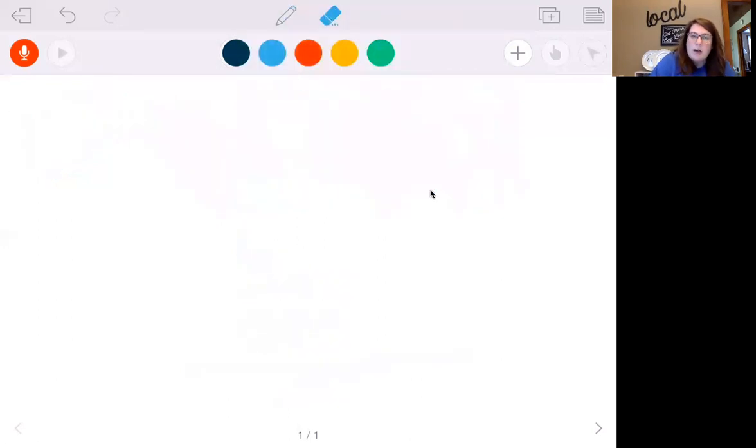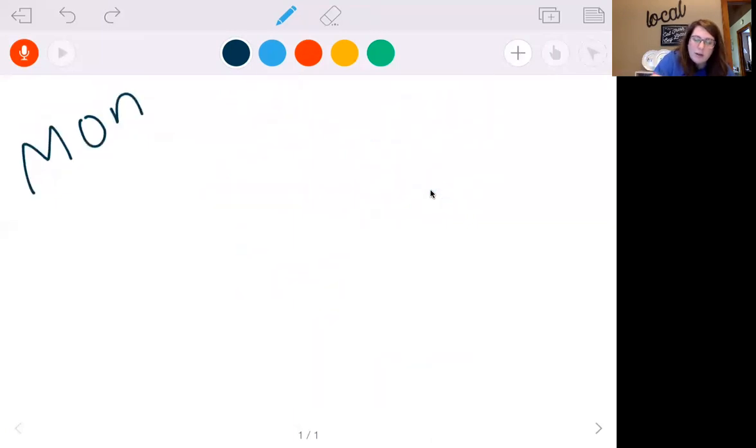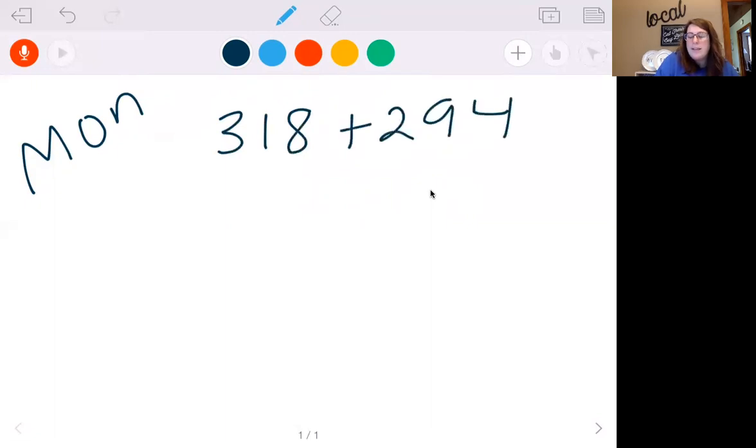So let's look now at rounding it to the nearest 100. Let me go back real quick and make sure I remember 318 and 294. Let's round these now to the nearest hundreds. So I underline my hundreds place.